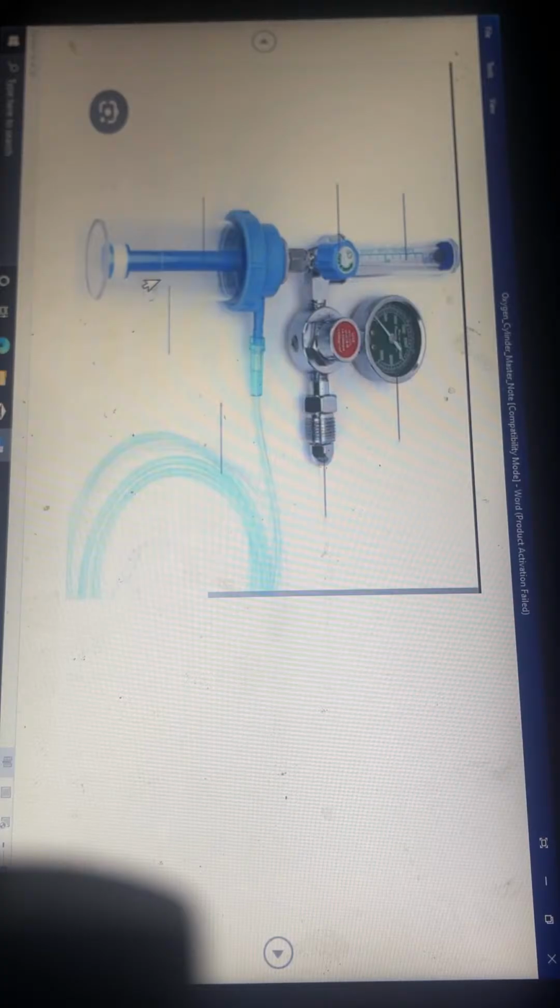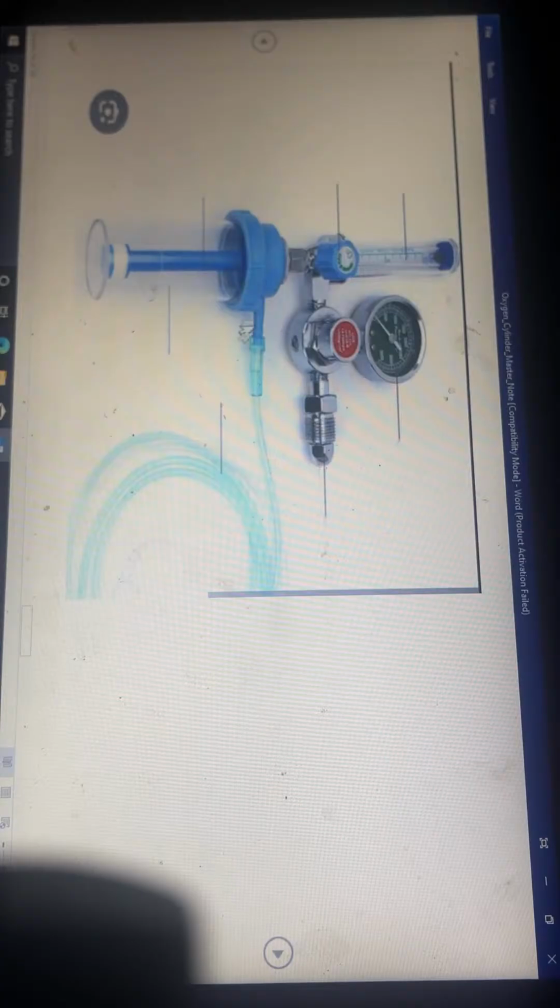So being in this academy, you should note that we don't put tap water or ordinary water into the humidifying cup, but sterile water or distilled water. The work of the humidifying cup is to moisten the oxygen to prevent it from being dry, to avoid nasal trauma to the patient.